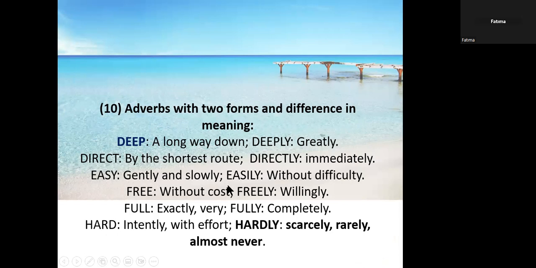Easy, gently and slowly; easily, without difficulty. Free means without cost, without money. Freely means willingly. Do you see the difference? Full means exactly, full answer, for example. Fully means completely.